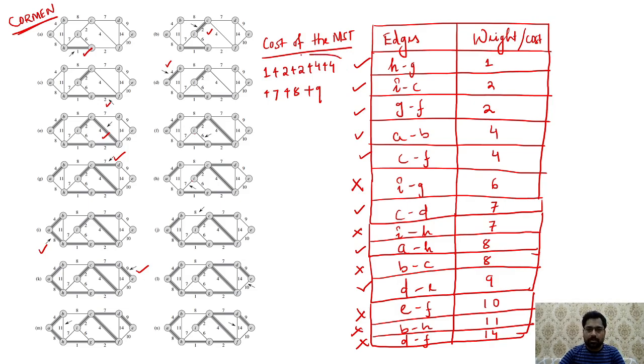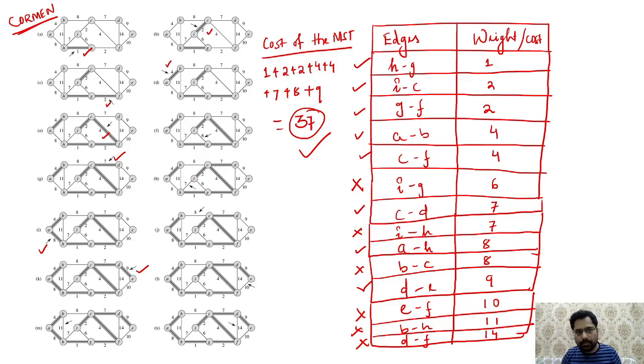This is the cost of the MST. Clear? So cost of the MST could be defined in this way, through which it could be better for you to understand. If I go for the totaling of it, it could be 10, 10, 20, 37. Okay, 37 could be the cost of the MST.